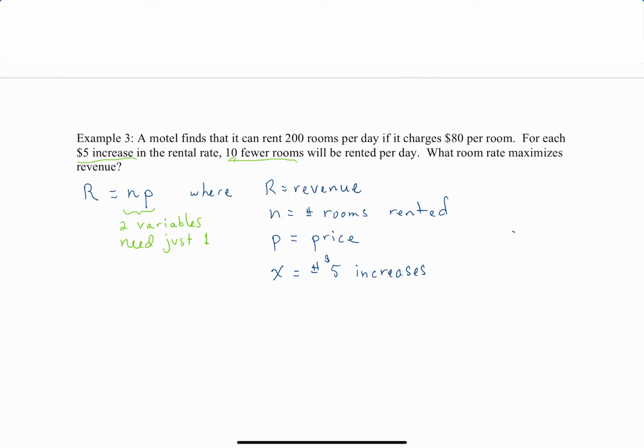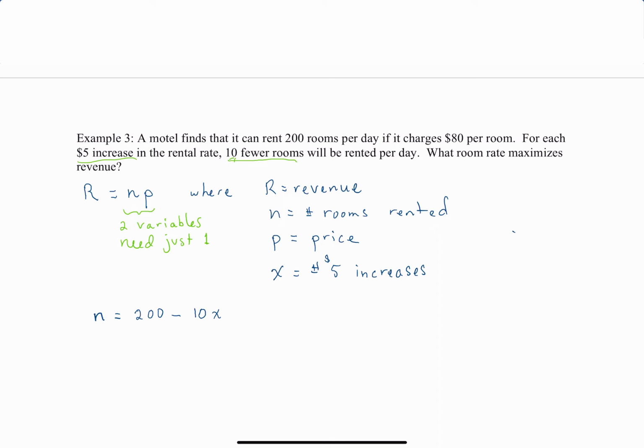And using that idea, the number of rooms rented, well, the basic number of rooms is 200, but then I'm going to subtract from the 200, 10 fewer rooms will be rented out for each increase in the price rate.